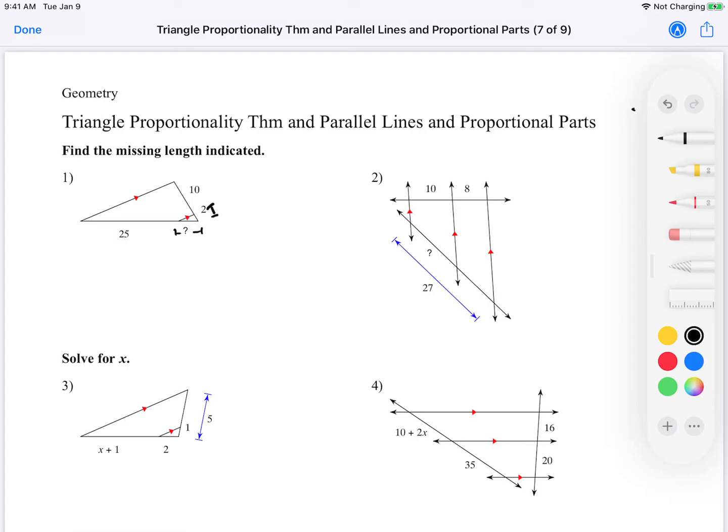So using the triangle proportionality theorem, this allows us to say I know the ratio between 2 and 10, same side, has got to equal the ratio between question mark and 25. Okay.